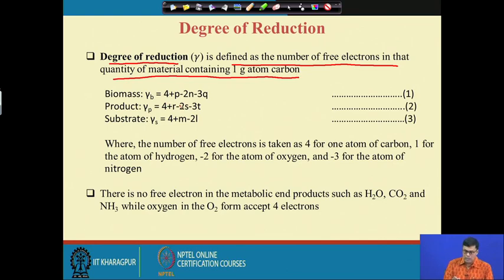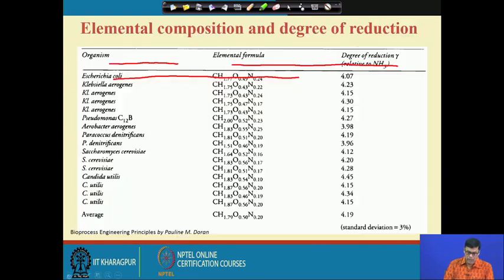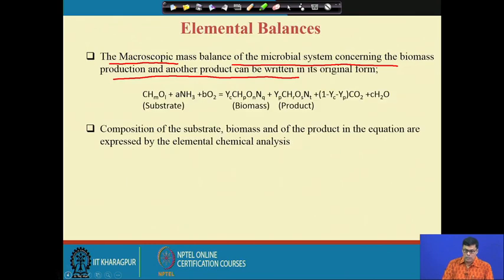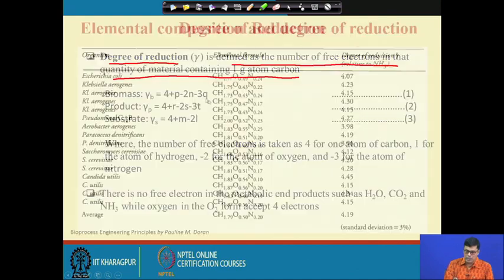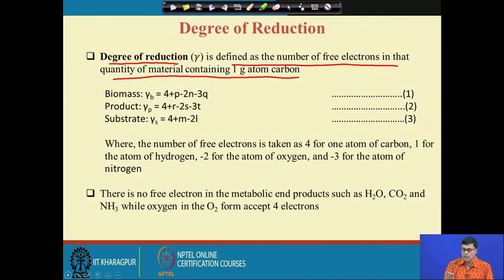Now, if you look at biomass, this is the formula of biomass, C H P O N N A N Q. Now, how do you do this balance? 1 for carbon, P for hydrogen, N for oxygen, and Q for nitrogen. So, this is how you can write the free electron balance with respect to biomass. We express it as gamma B.